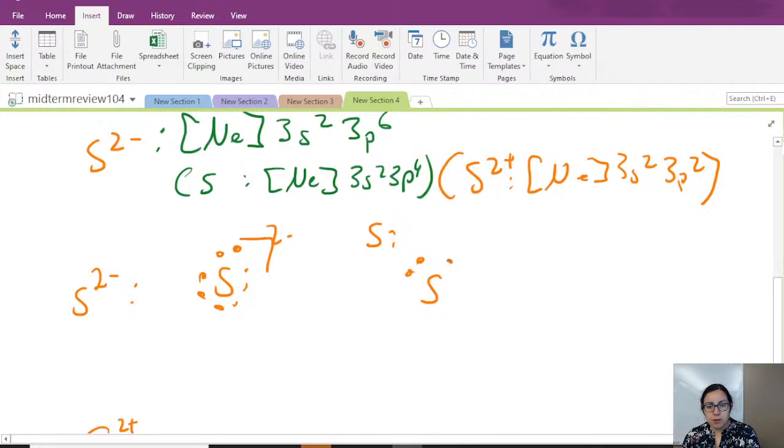Sulfur normally looks like that. We've seen oxygen, so that's sulfur. And then sulfur 2+, again just for completion, 2 and 1, 2 there. So just adding, subtracting electrons.